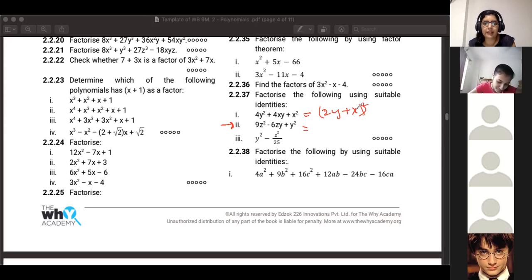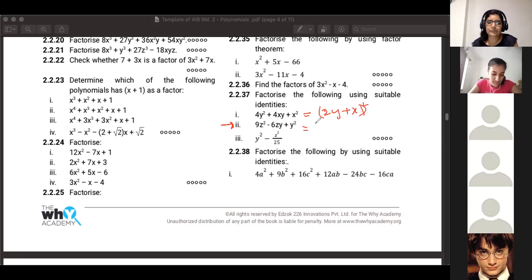In the meantime, Aryan, tell me which identity it is, and when you factorize it, what answer will you get for this? I think it's a minus b whole square. Yes, a minus b square. So what are a and b, like if I were to express it?